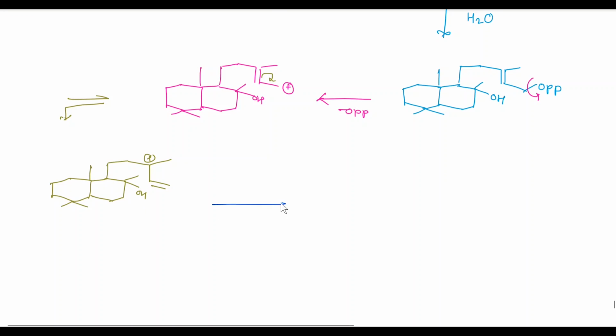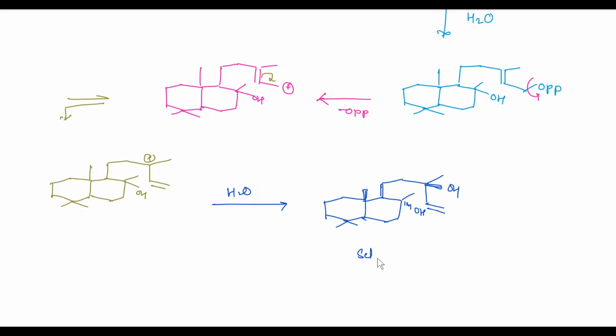In the next step, on addition of a water molecule, we get a hydroxy functionality, and here OH. Here this methyl group is above the plane, and this is known as sclareol. This is all about the biogenesis of sclareol.